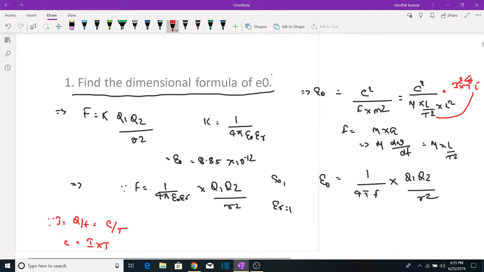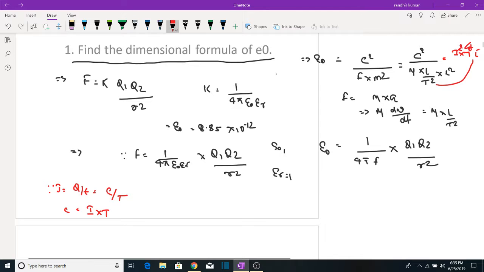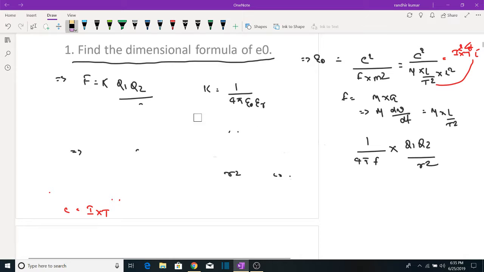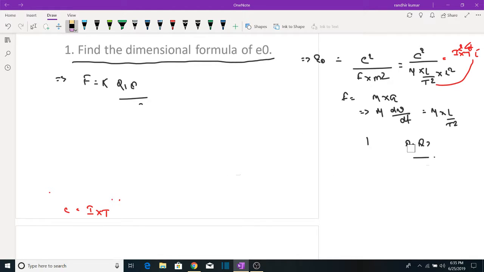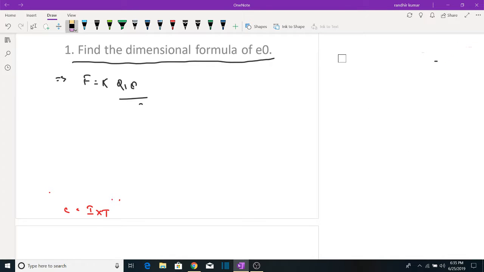So write the final equation for epsilon naught.